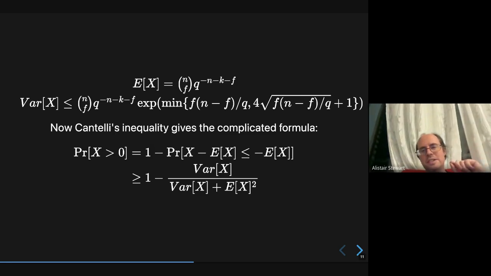What's not so obvious is how this compares to n choose f and q to the n to the k minus f. But it turns out that if q and n are the same, then this first term in the min would be a constant factor.